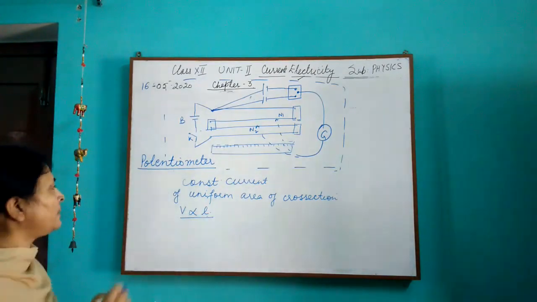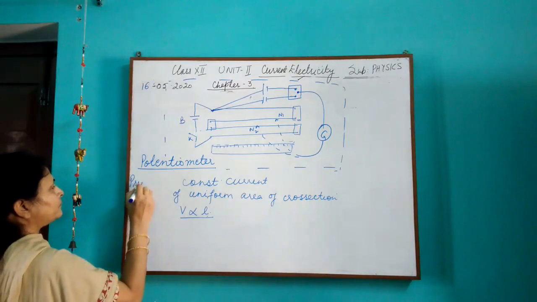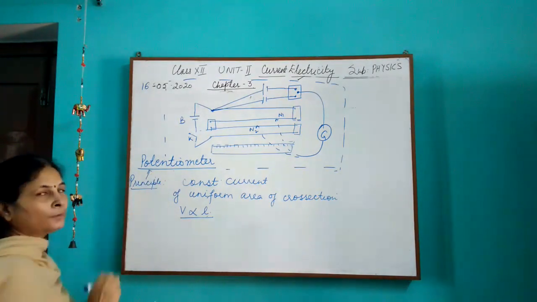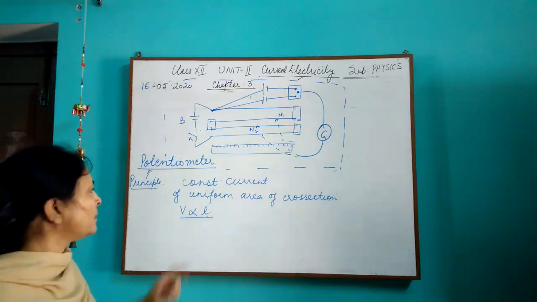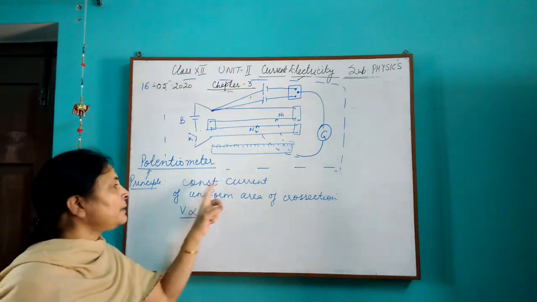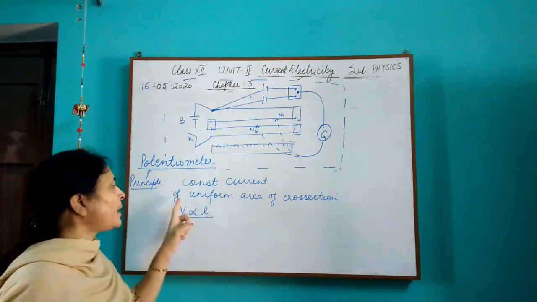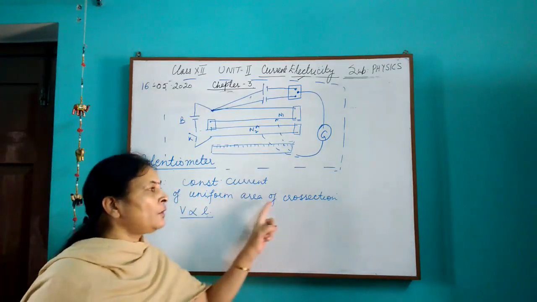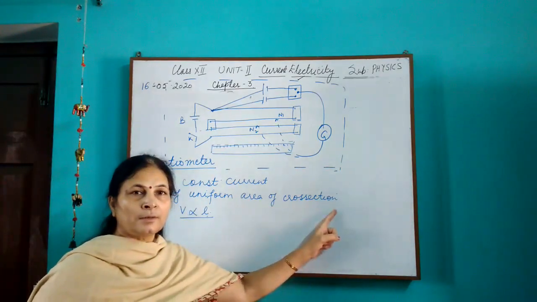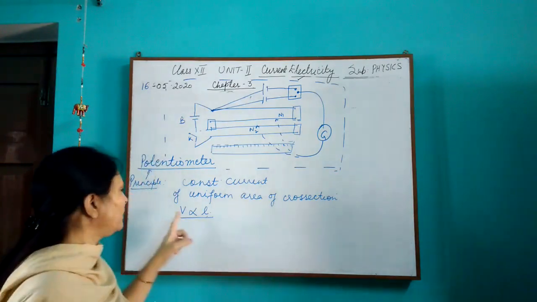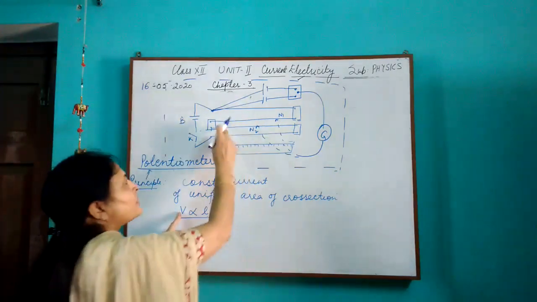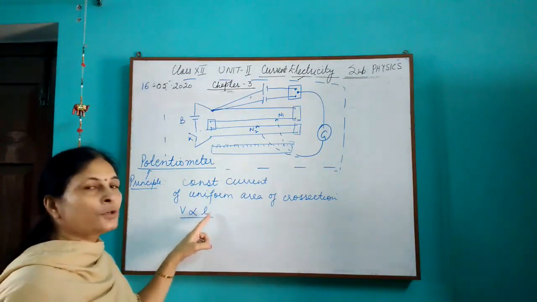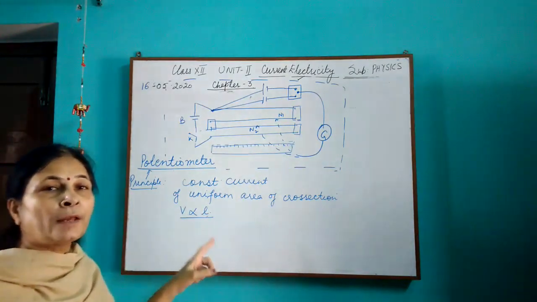I'll again repeat the principle. Principle of working of the potentiometer: when a constant current is passing through a wire of uniform area of cross section, then the potential drop across any length of the wire is directly proportional to the length of that wire.